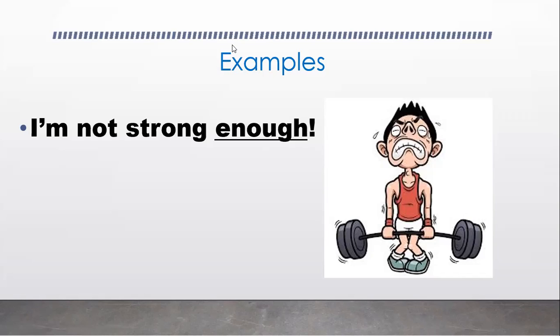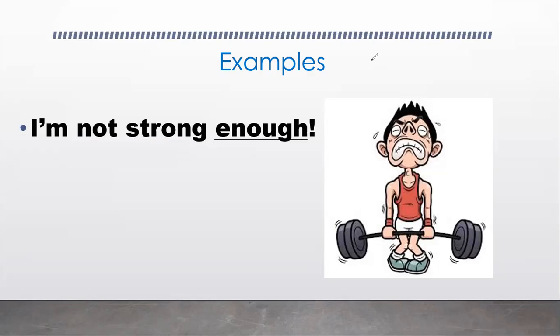In this case, pay attention to this. We are using not as the negative, and then we have an adjective, strong, and then we have enough. All right. This is the example of how to create sentences using not enough.